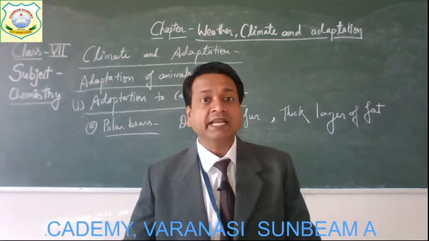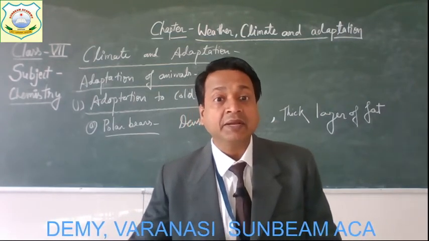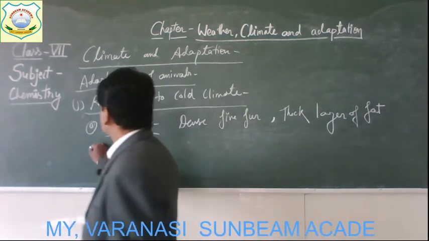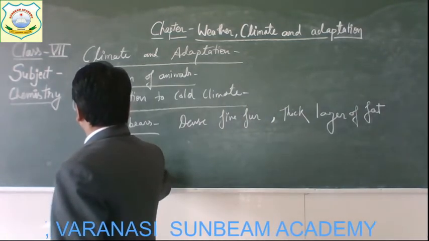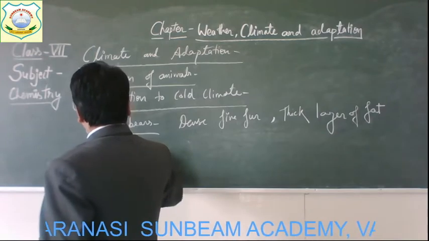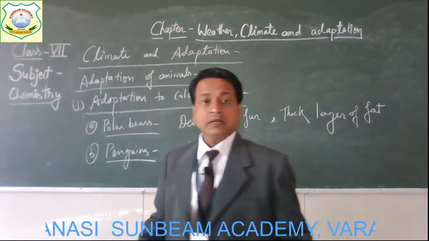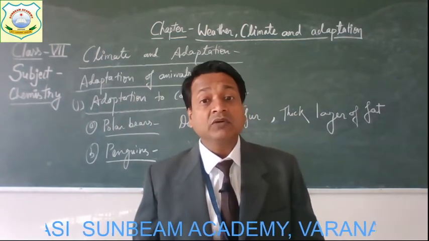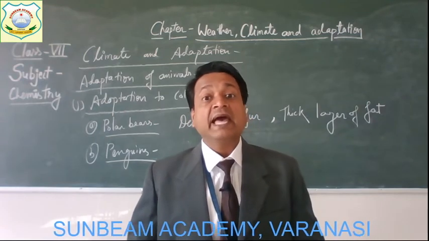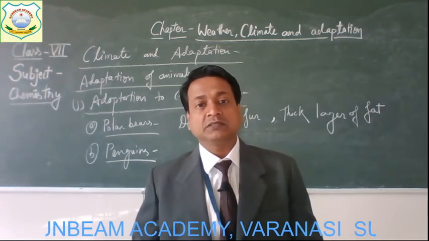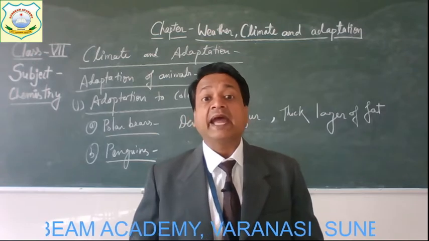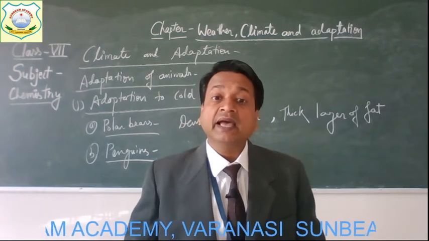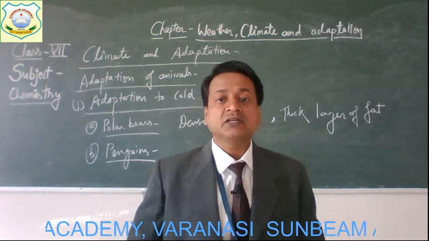Now come to the second example, penguins. Penguins are found in the polar regions also, and they have similar adaptations. Their white color helps them to camouflage with the snow.